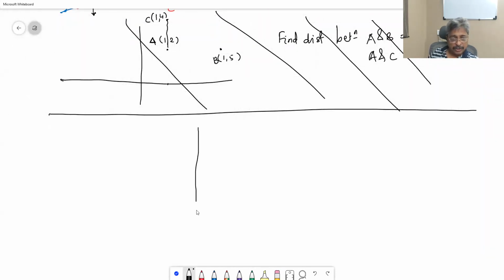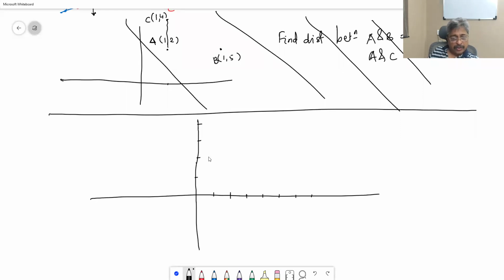Set up the coordinate system. 1, 2, 3, 4, 5, 6, 7. 1, 2, 3, 4.